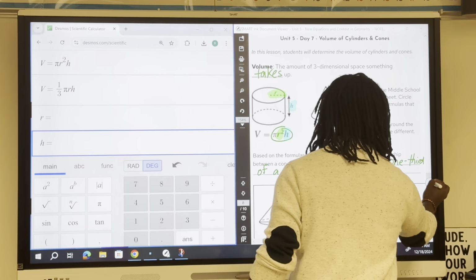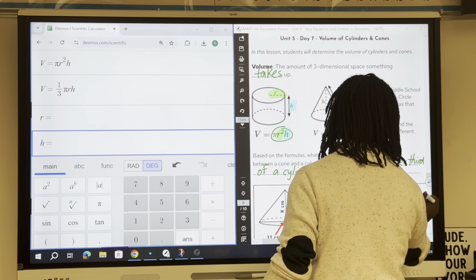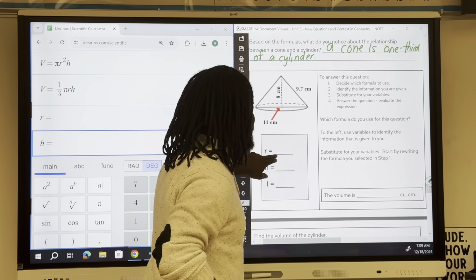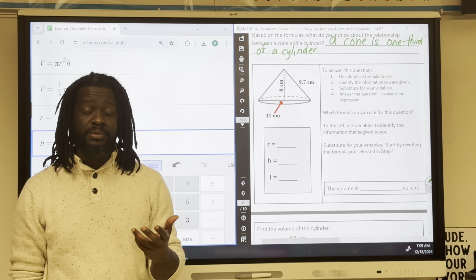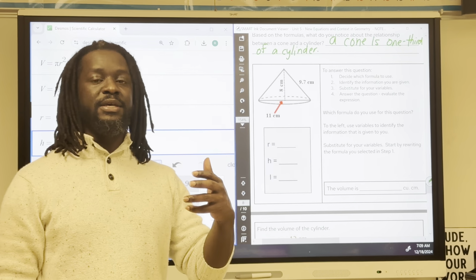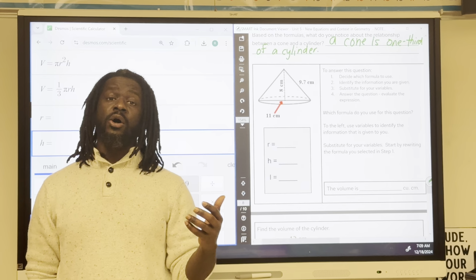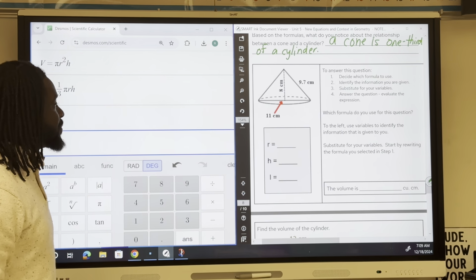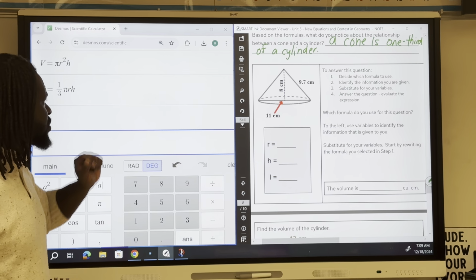So let's get into a couple examples. The steps for solving these are the exact same steps that I gave you in the previous lesson for solving surface area and volume of square-based pyramids. Here are the steps.